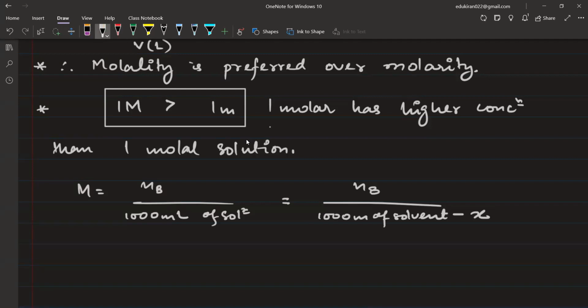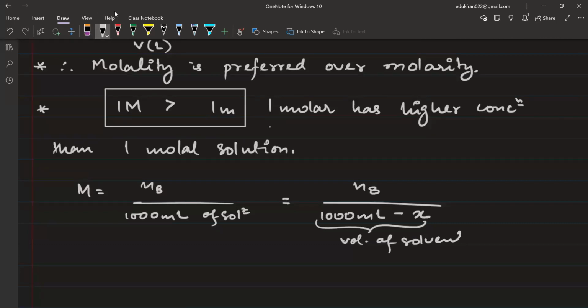Some quantity. Wait a second. I should write it like this: 1000 ml minus some quantity. This will give you the volume of solvent. Correct?